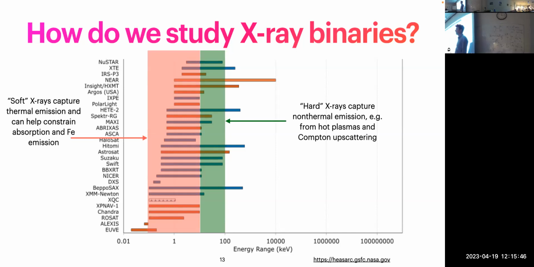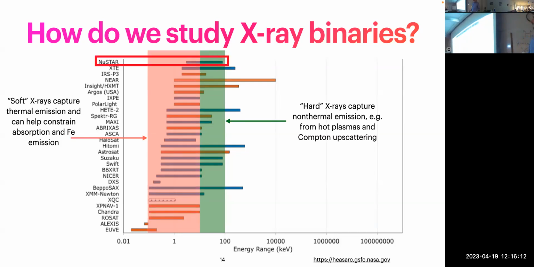That captures the thermal emission that I talked about, so studying the disk in detail, and it can help us constrain things like absorption and the presence of iron emission. Iron emission, as I'm going to show a little bit later, is a really important tracer for these systems. And then beyond that range, we have the hard X-rays, which capture the non-thermal emission, so the corona that I was talking about.